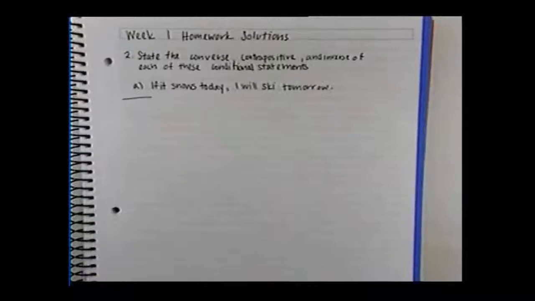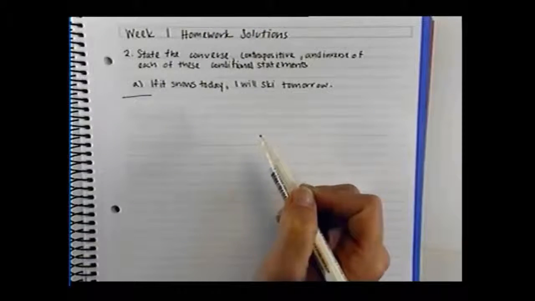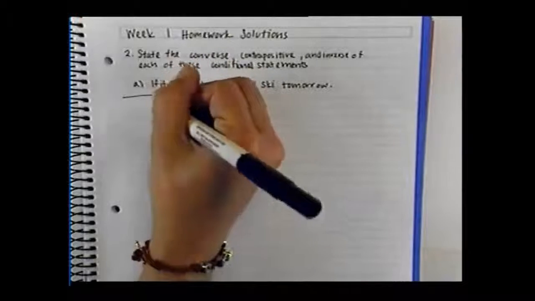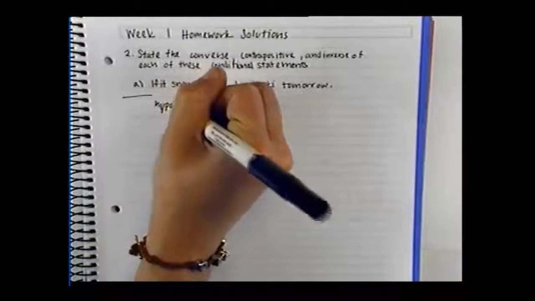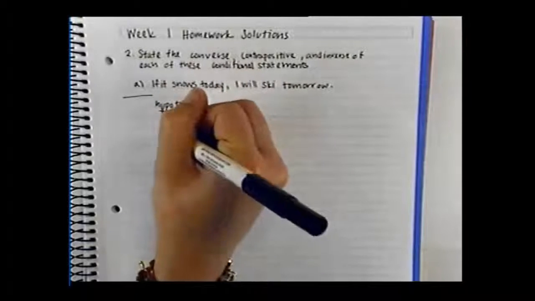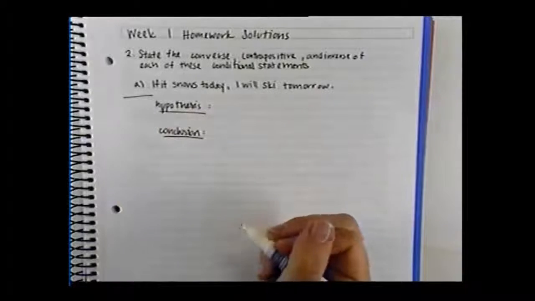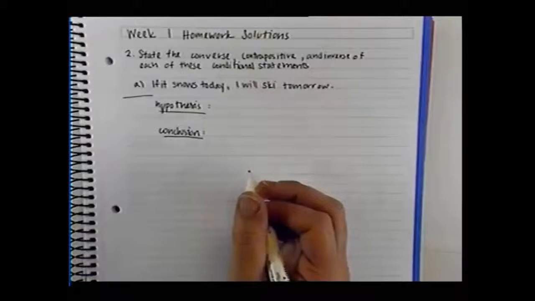So when we're starting with our statement, if it snows today, I will ski tomorrow, we need to identify what the hypothesis is and what the conclusion is. What proposition is our hypothesis and what proposition is our conclusion?